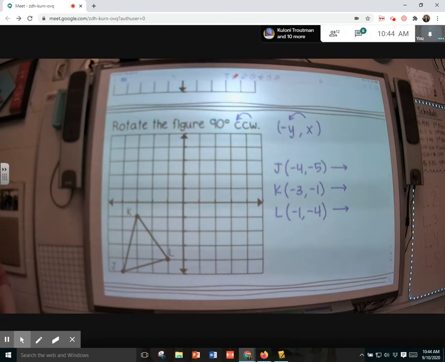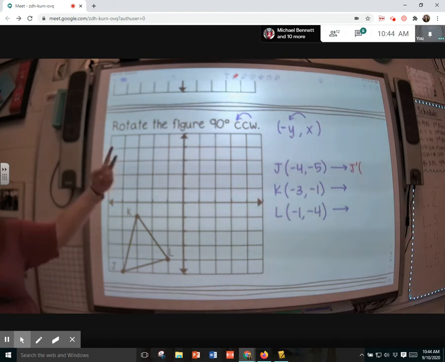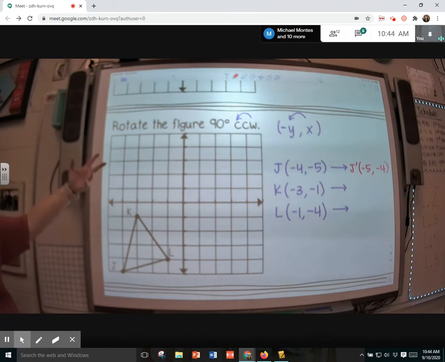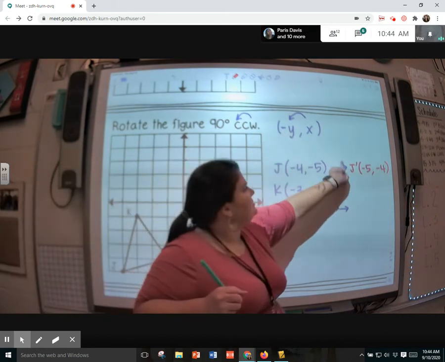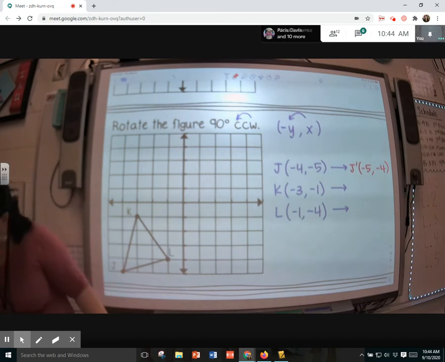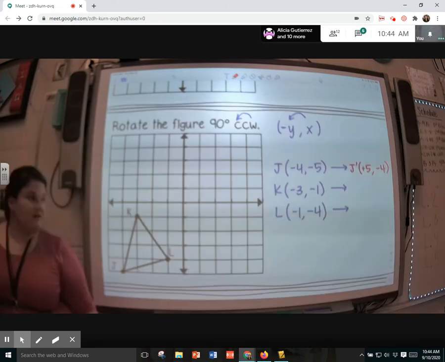Okay, so first thing I know I have to do to get my J prime is I'm going to switch their places. So -5, -4. And now that they're in their new positions, which sign is going to change? The 5. So I'll be at +5, -4.